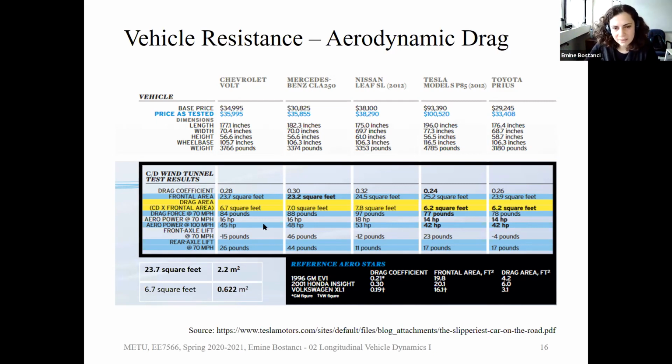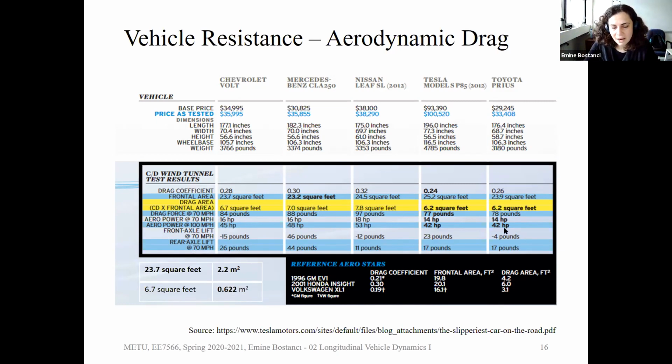All these vehicles have a frontal area of 23.7 square feet, so around 2.2 square meters. And the multiplication is going to give you values around 0.6 square meters.